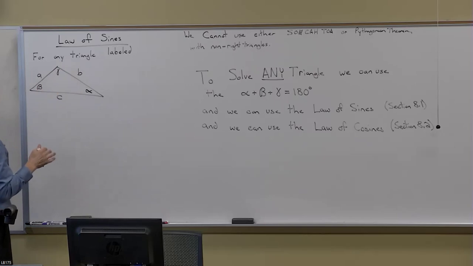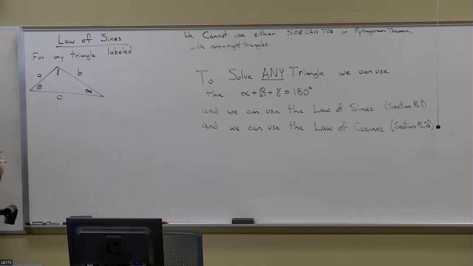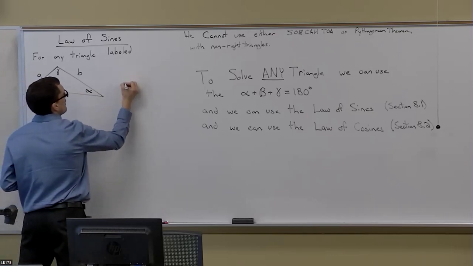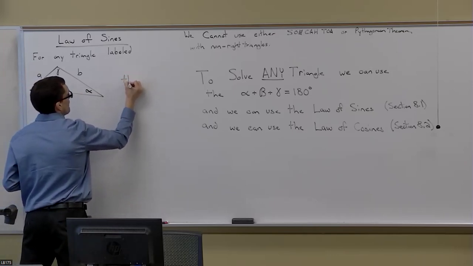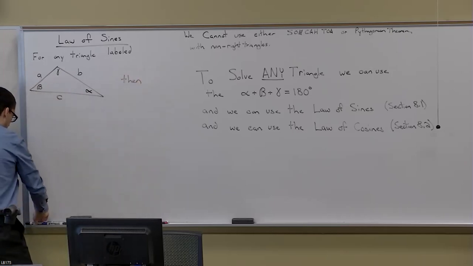So for any triangle labeled like that, where alpha is the angle opposite of A, I misspoke, sorry, alpha is the angle opposite of A, then we have this property called the law of sines.